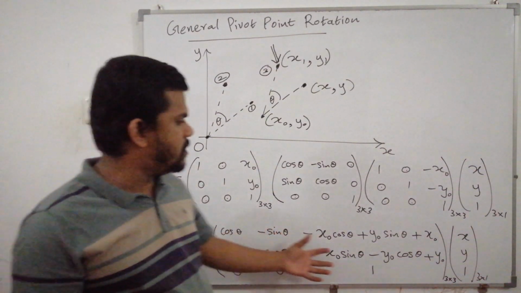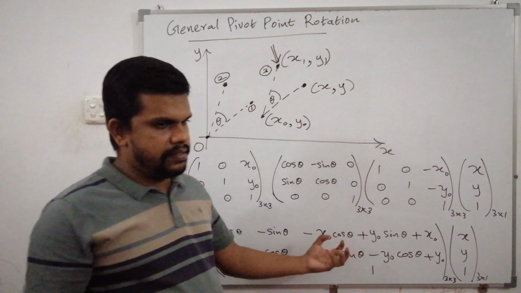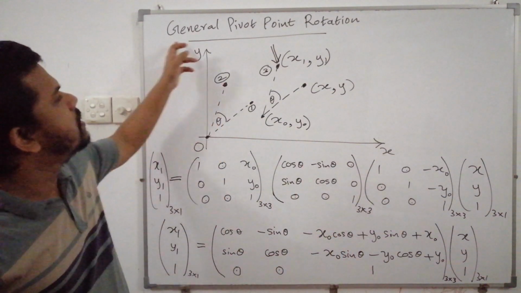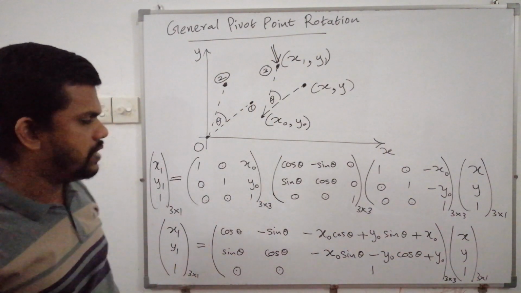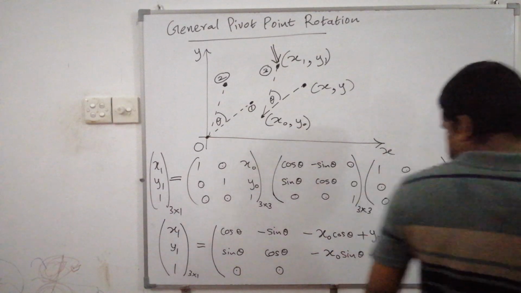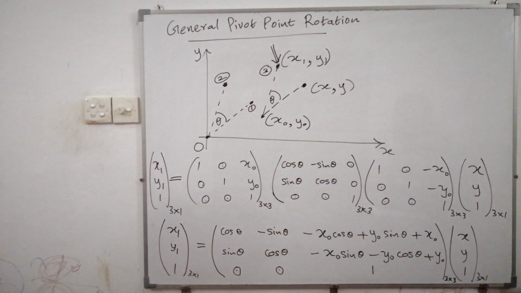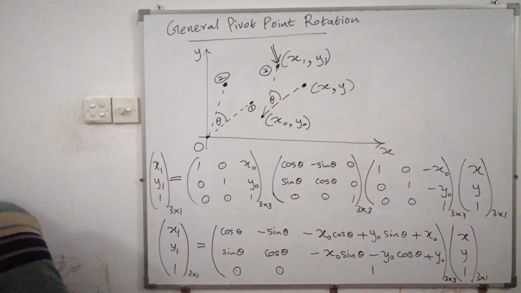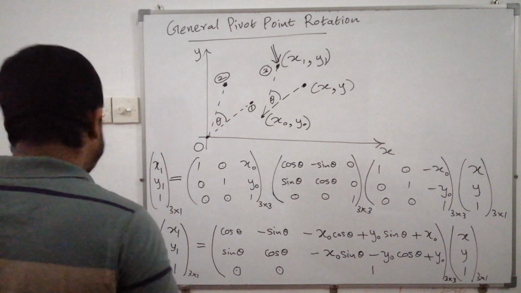So this is our composite transformation matrix for general pivot point rotation. Now hope you understood this section. Now let's move to the last section.